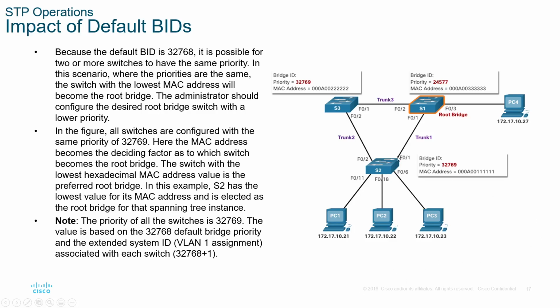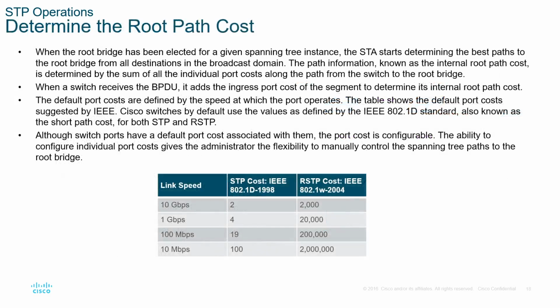Obviously, if there was a tie between all these three switches, if they all had the same default priority, for example, 32768, and because we're talking about VLAN 1, it's 32769, S2 would be elected the root bridge, and that's solely because S2 is the switch with the lowest MAC address.